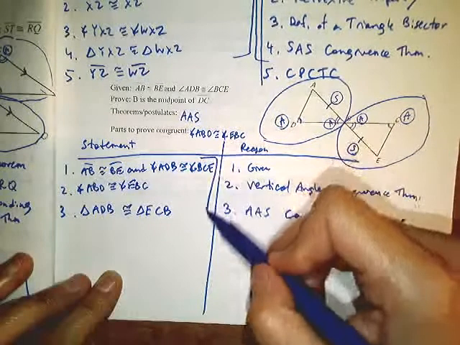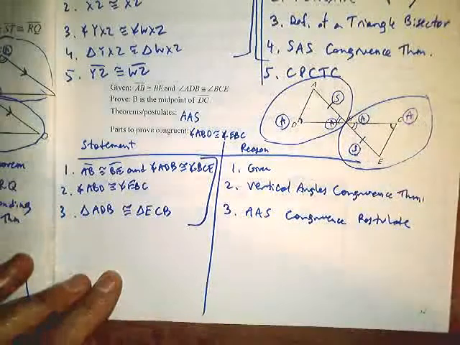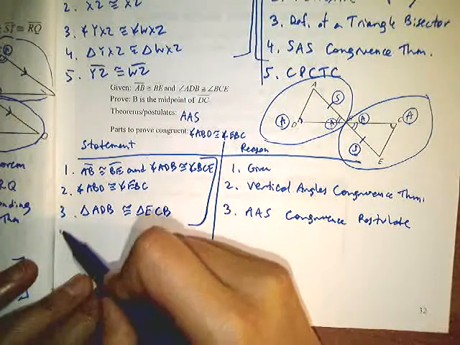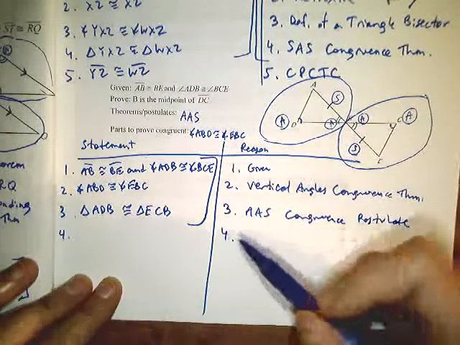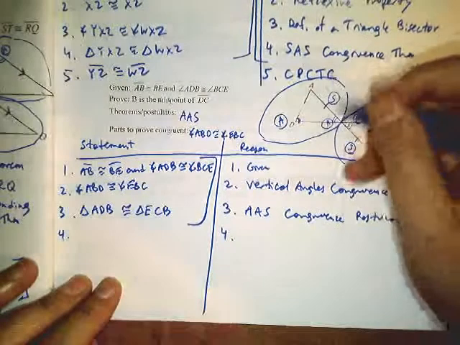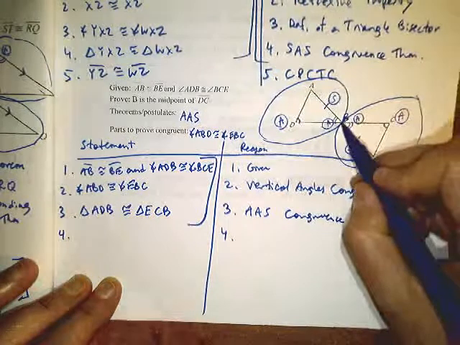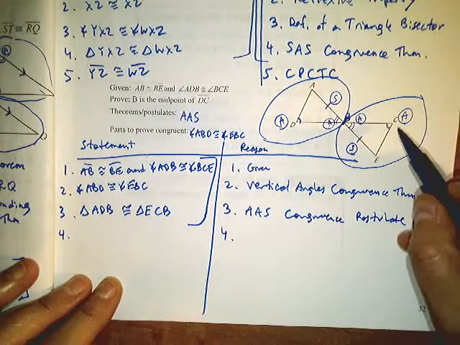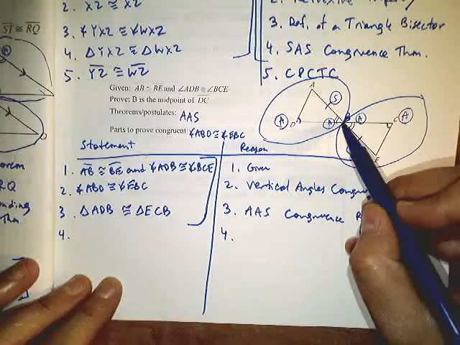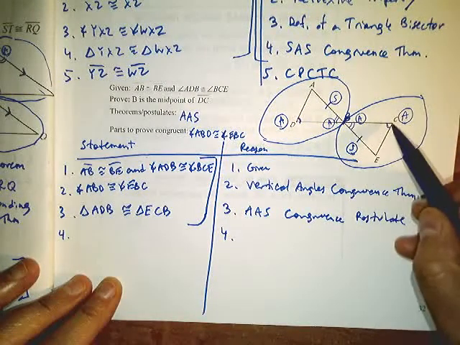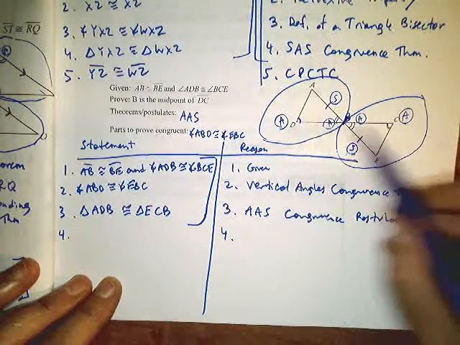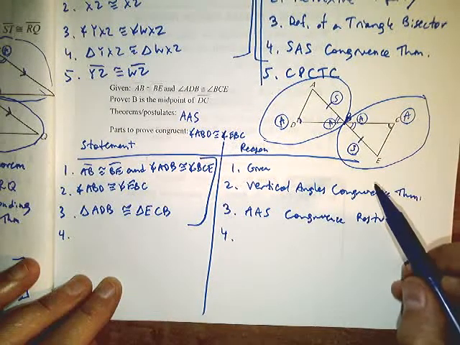So that's phase one, proving that the two triangles are congruent. On phase two, we're trying to eventually state that point B, right here in the center, is the midpoint between D and C. First we'd have to show that side DB and side BC are congruent. Then we can say that B would have to be the midpoint between the two endpoints.